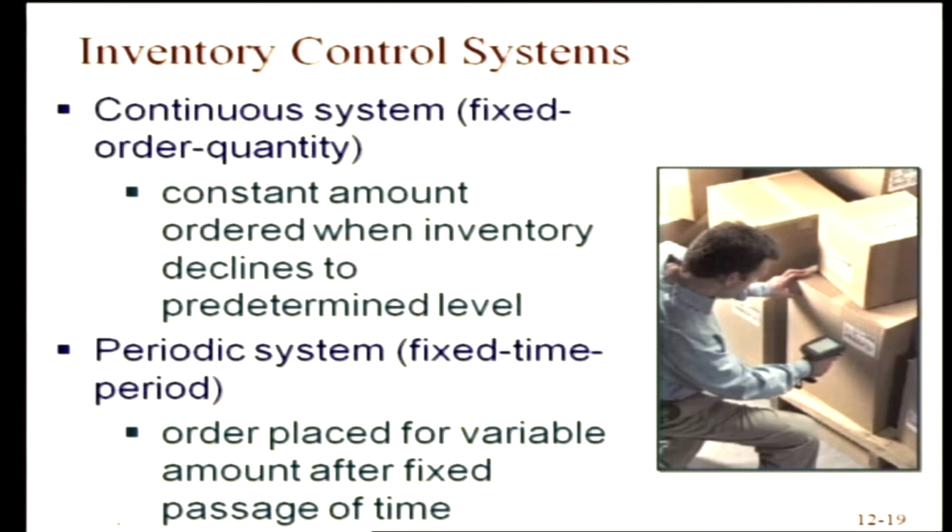Now let us analyze what the continuous system of inventory is and what the periodic system of inventory is. In the continuous system, the retailer or company orders a certain item, a fixed quantity for replenishment, whenever the inventory level at its store falls below a certain level. That is called the continuous system.